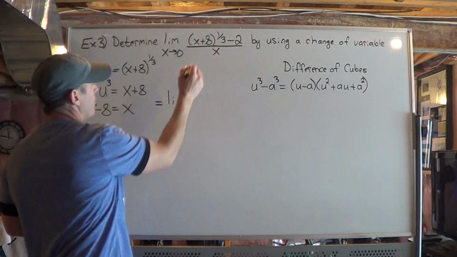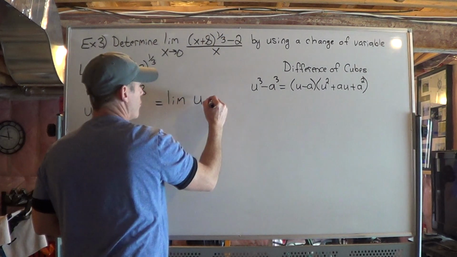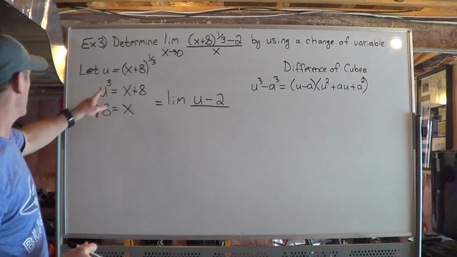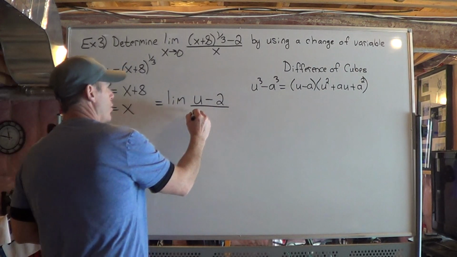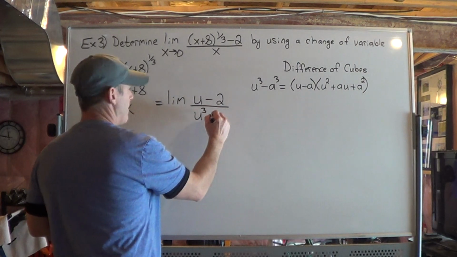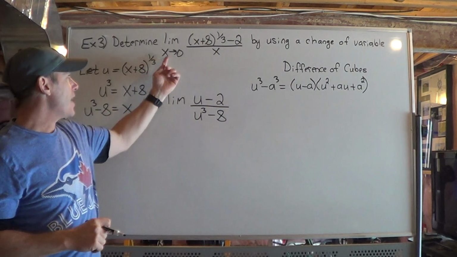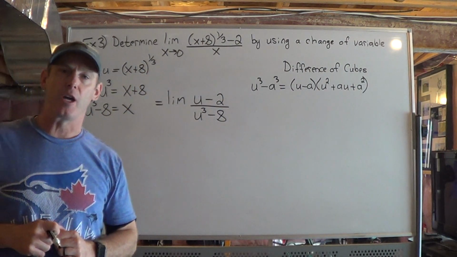Instead of (x + 8) to the 1/3, I'm going to put a u minus 2, that 2 doesn't change. And then the denominator, I have an x. Well, that x now, because of my substitution, is u cubed minus 8. Now, this is as x approaches 0. Well, I'm now dealing with u's to find the value of my limit.